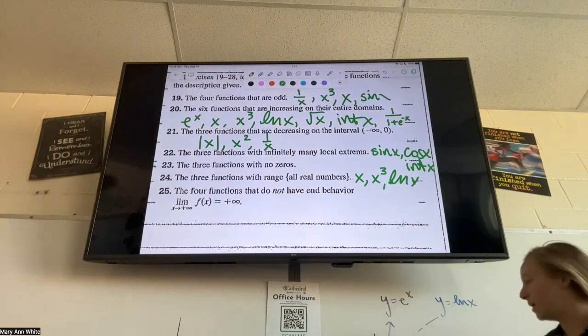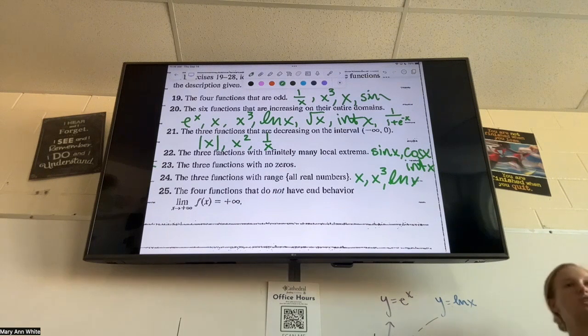This goes through the point 1, 0. I don't need you guys to know those points, but we know that natural log has a vertical asymptote and exponential has a horizontal asymptote. Once we get into chapter 3, we're going to be switching between log and exponential form over and over in order to solve for x because they are inverses of each other.